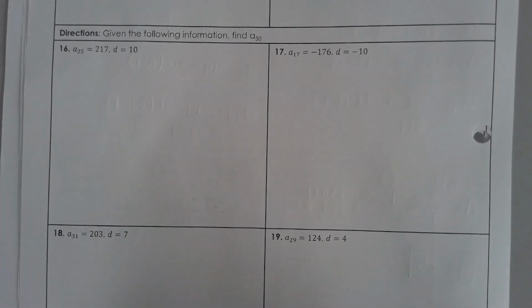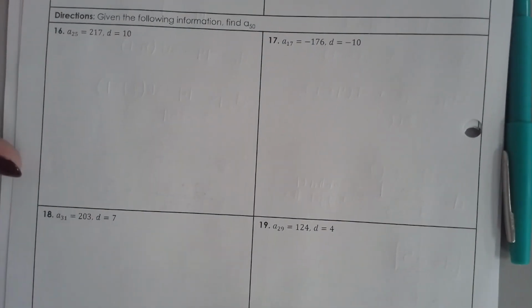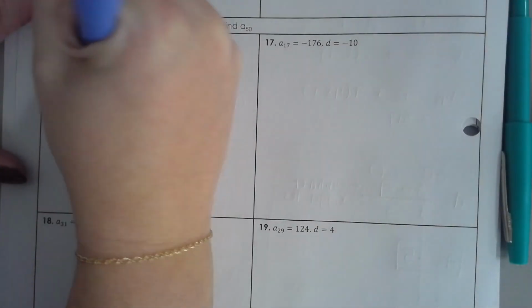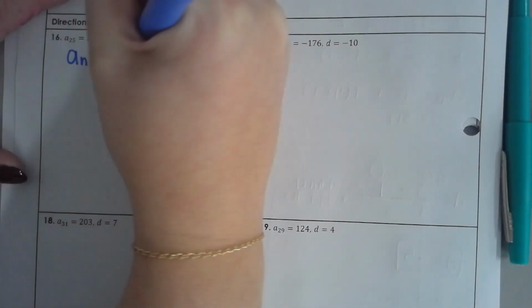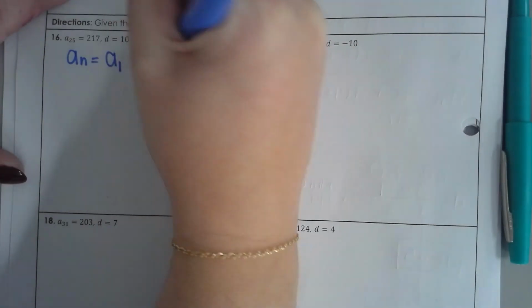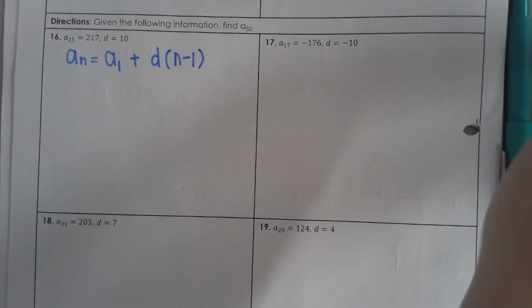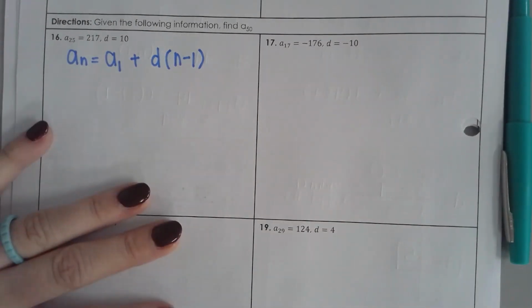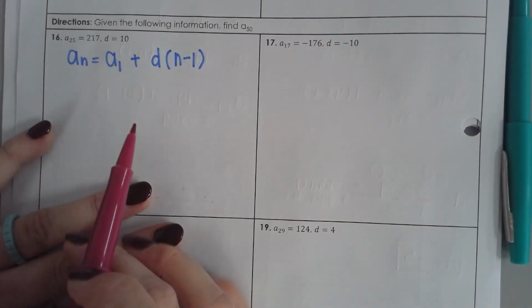So let's go back to our formula, and I'm going to show you a way that we can change the formula. So it's AN equals A1 plus D times N minus 1.